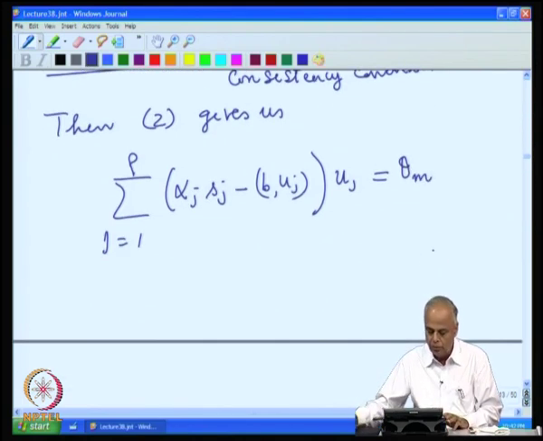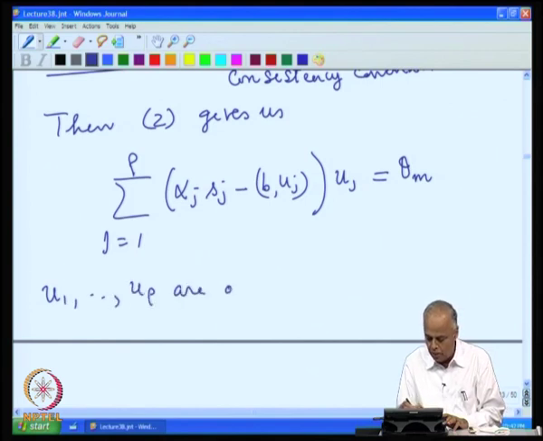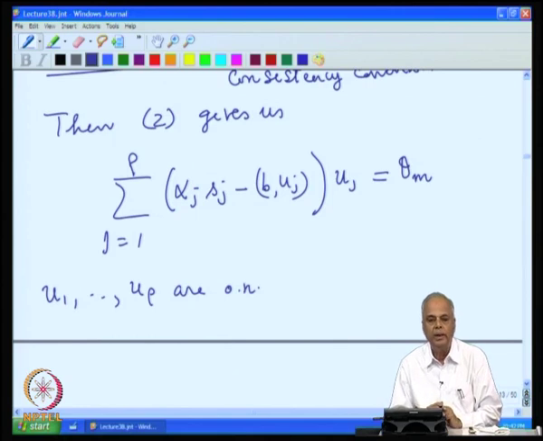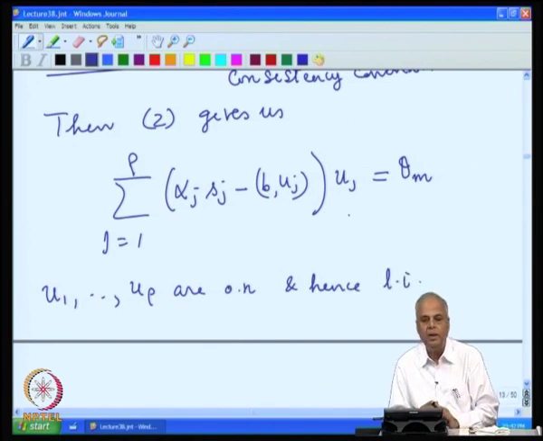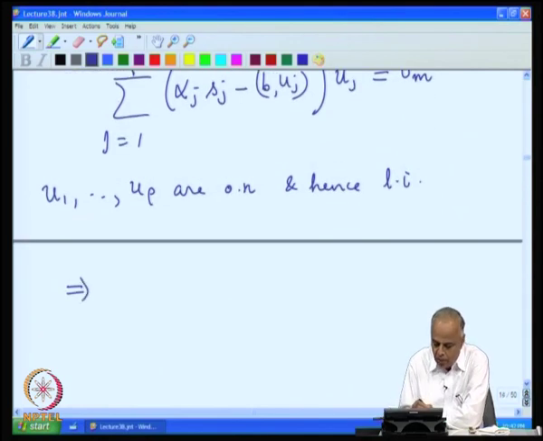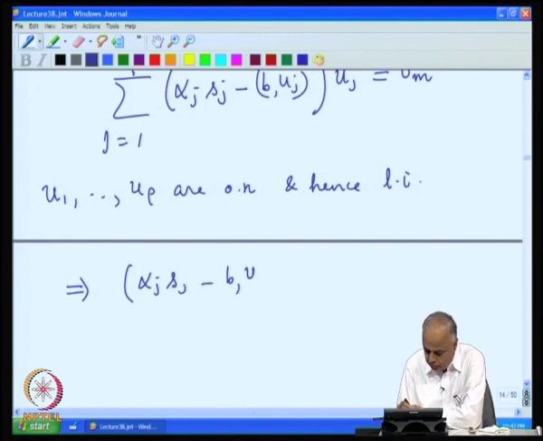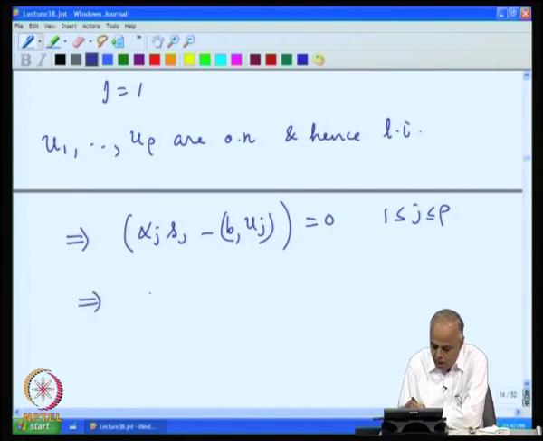Now, u 1, u 2, up to u rho are orthonormal, and therefore, we have seen that any orthonormal set is linearly independent. Here we have a linear combination of linearly independent vectors equal to 0, and therefore the coefficients must be equal to 0 for 1 less than or equal to j less than or equal to rho. This means that alpha j s j must be equal to b transpose u j.